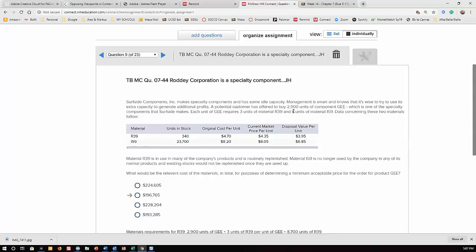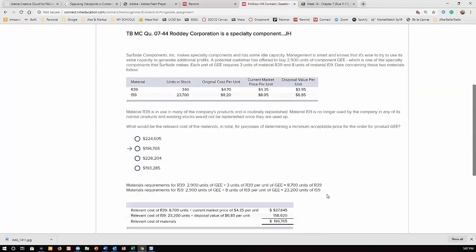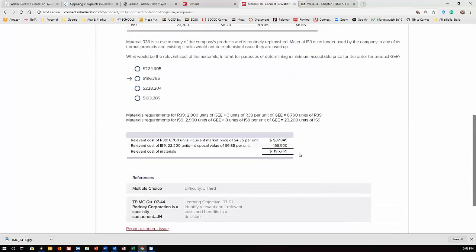So I take 8 units times $6.85 times the 2,900, and then I'd add those things together. You can see down over here, here's the answer. How did I get 87? Each unit took 3 units of this, right? And then you just add them together.